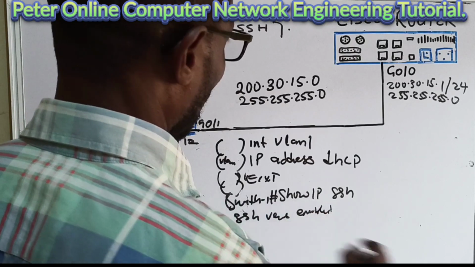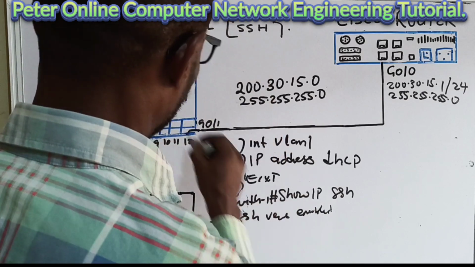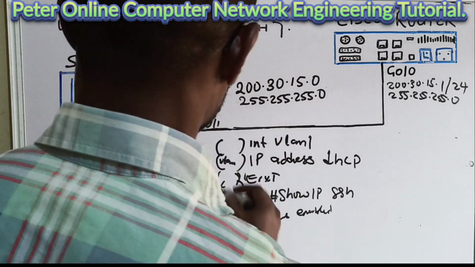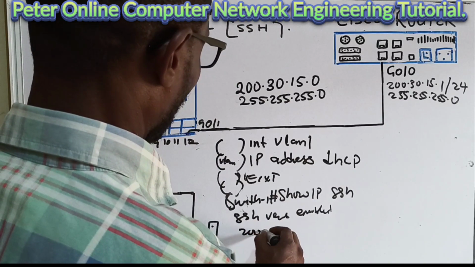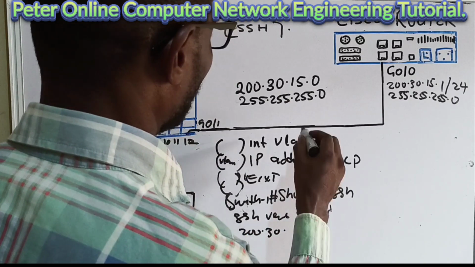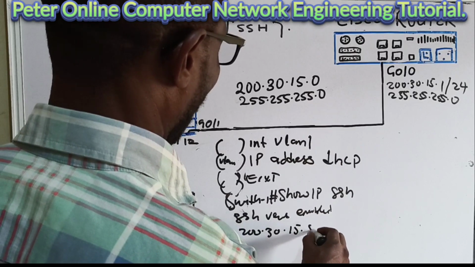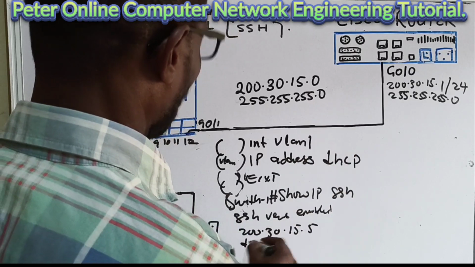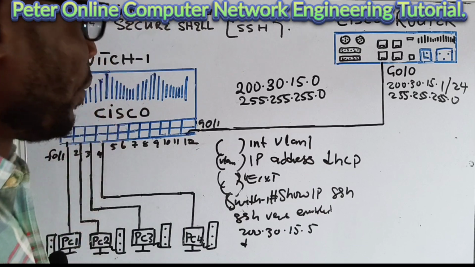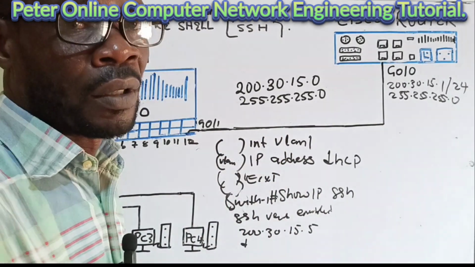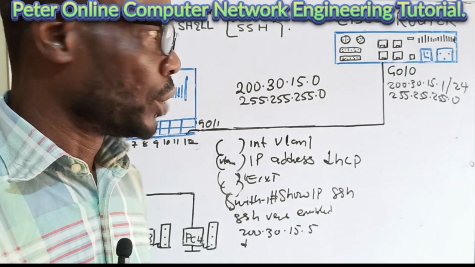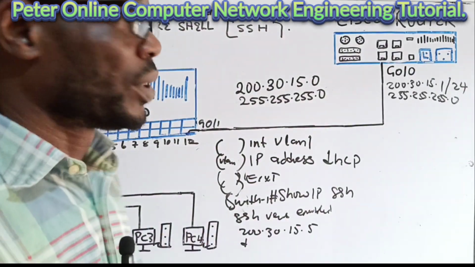The IP address is 200.30.15.5, and the default gateway. It will show you everything, the details about the switch. So that is how to configure more secure remote access.